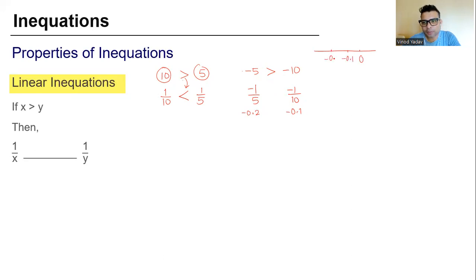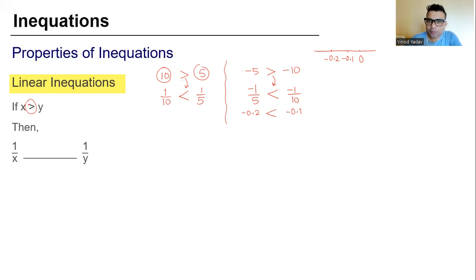And then you will get minus 0.2. So minus 0.1 is bigger, meaning minus 1 over 10 is bigger than minus 1 over 5. Here also the inequality sign flipped. So you might now conclude that whenever we take the reciprocal, the original inequality symbol reverses, isn't it?